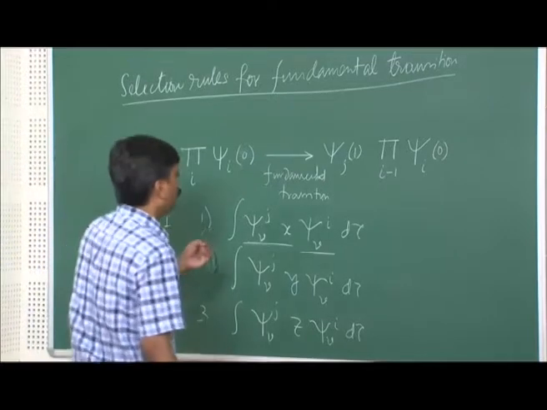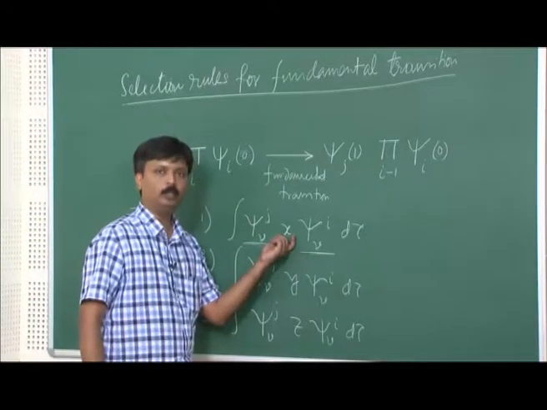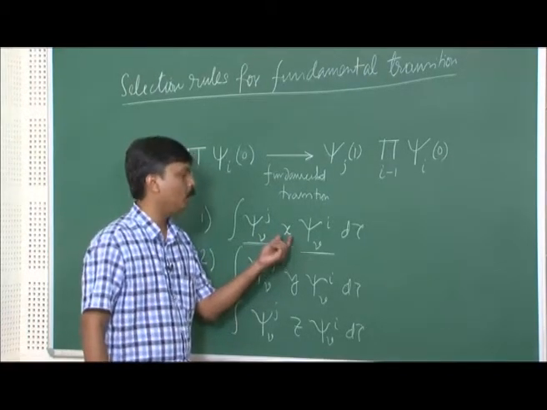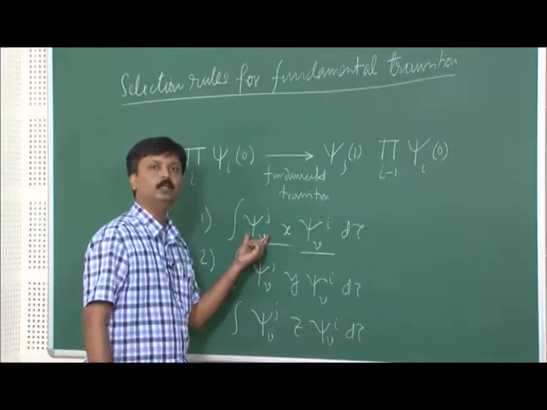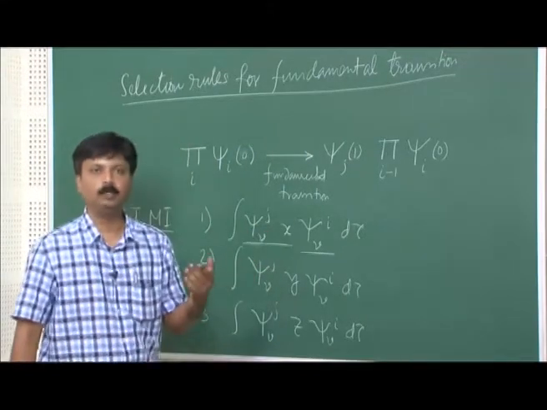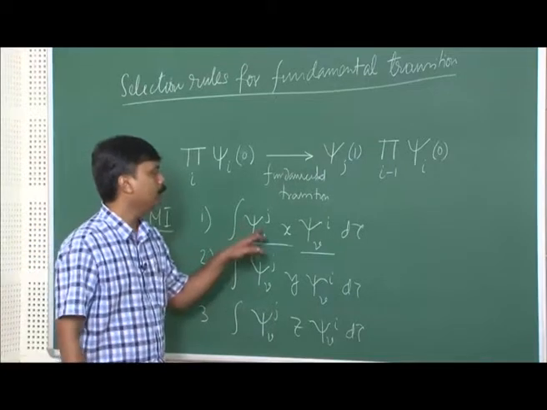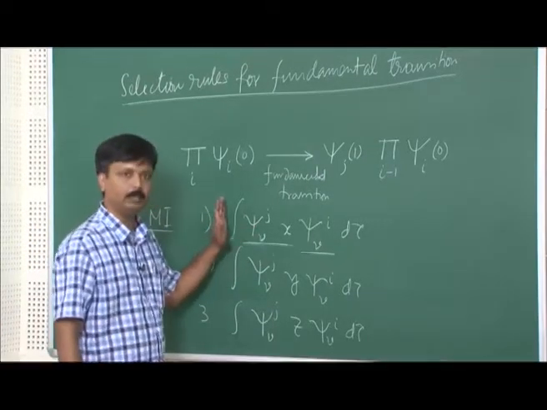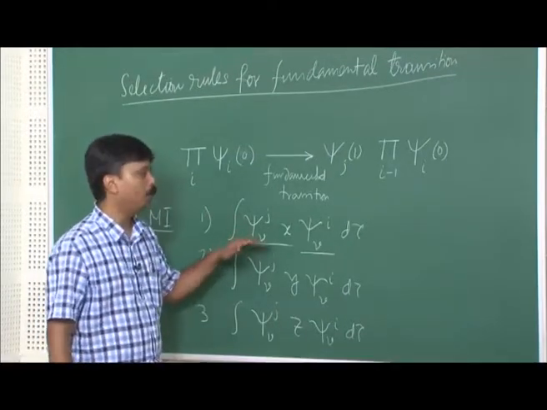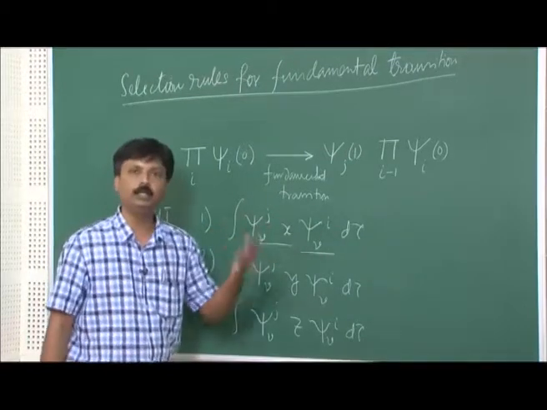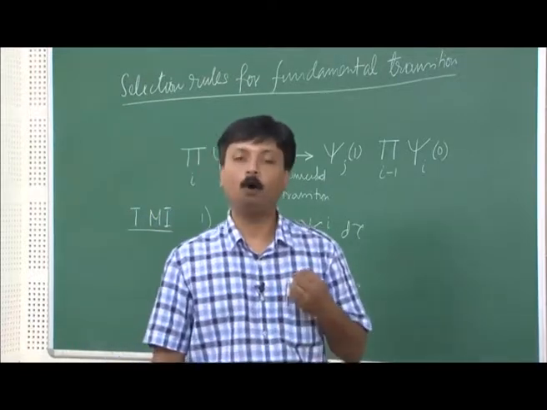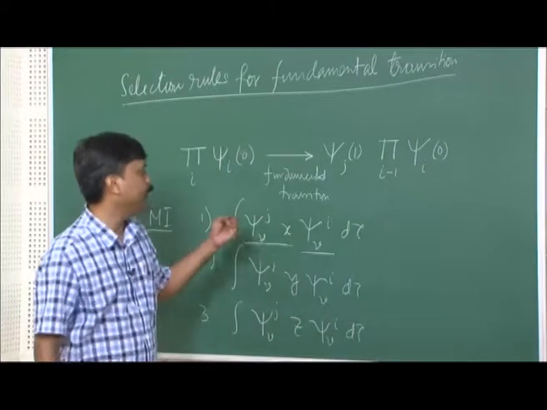So if I know the irreducible representation for which this x forms the basis of, then all I need to know is the irreducible representation for which this normal mode that is being excited forms the basis of. And as per the rule of transition moment integral, whether that will be 0 or non-zero will depend on whether this overall integral forms the basis of, or contains, the totally symmetric irreducible representation.